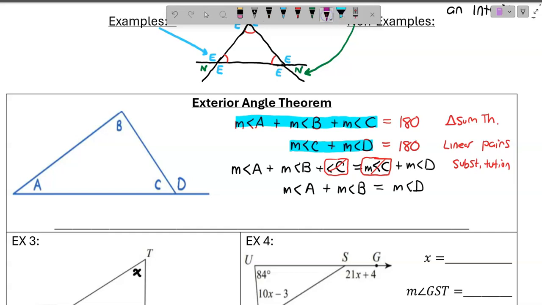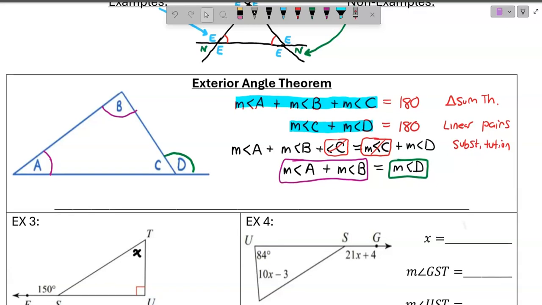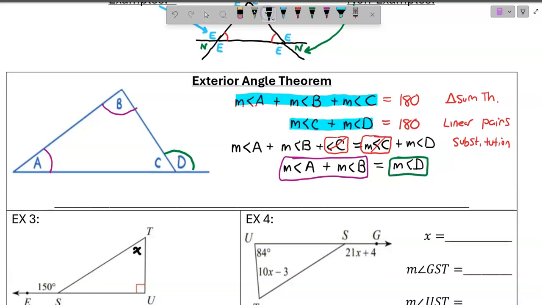Now let's see what that looks like over there. So we have A and B. If we add their angles together, then that would equal what angle D is going to measure. That's the theorem. Now, more generally, what does this mean?